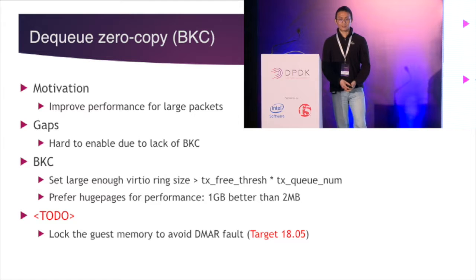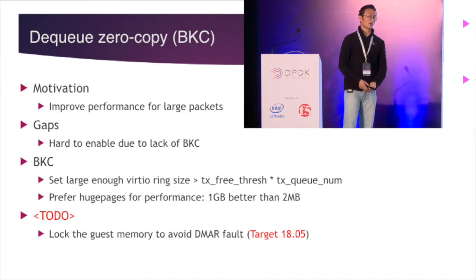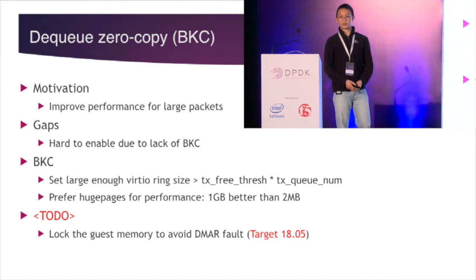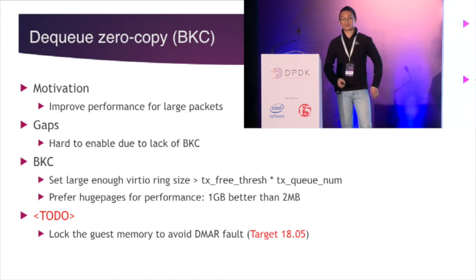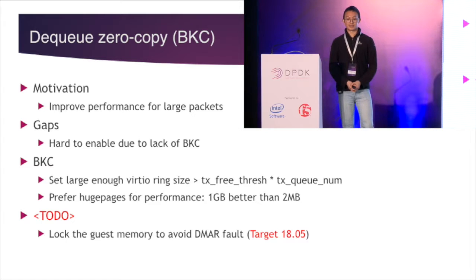Okay. The second one is dequeue zero copy. DPDK has supported dequeue zero copy since some release, I don't remember which, but it is definitely supported. And currently there are some gaps. The reason why we want to do zero copy is that, especially for large packets, the memory copy takes a lot of cycles.